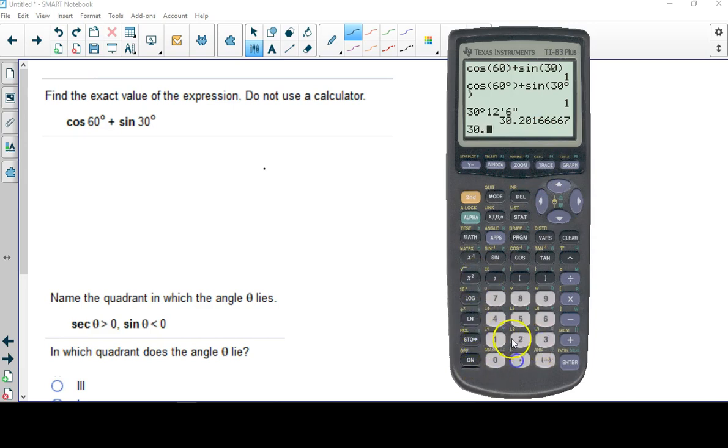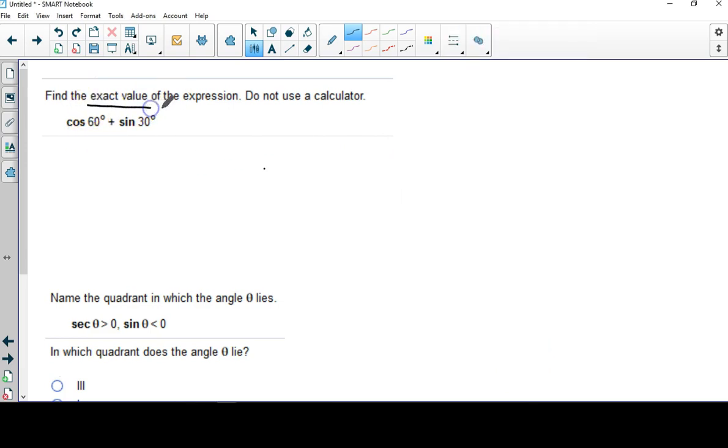I'll say 30.216, and I want to change that over to degrees, minutes, seconds. It's not going to be exactly the same because I kind of rounded, but it's pretty darn close, right? 5.76, close enough.